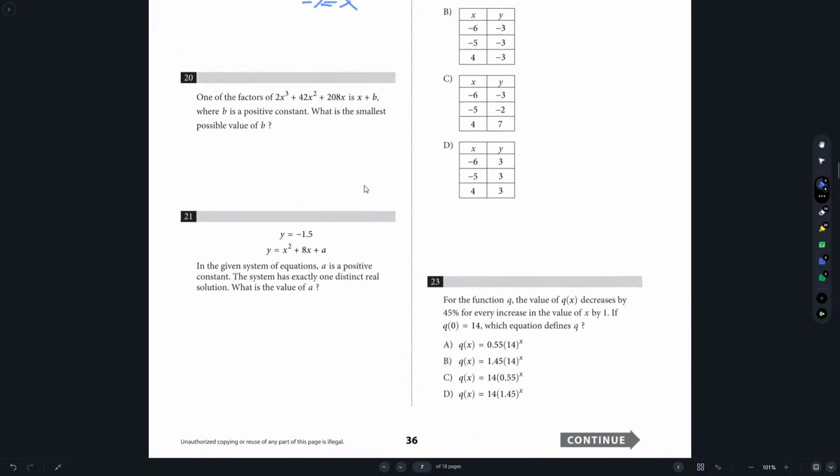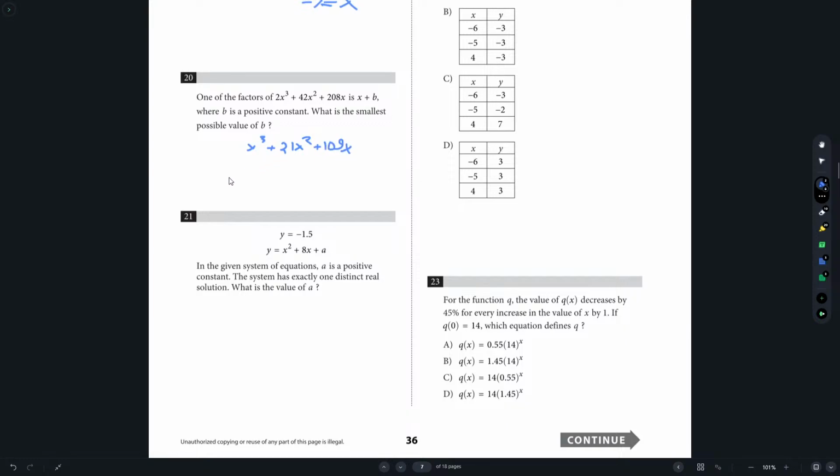What are the factors of 2x cubed plus 42x squared plus 208x is x plus b, where b is a positive constant? What is the smallest possible value of b? We can reduce this by dividing by 2. So we have x cubed plus 21x squared plus 109x.